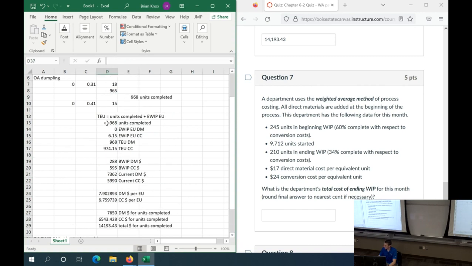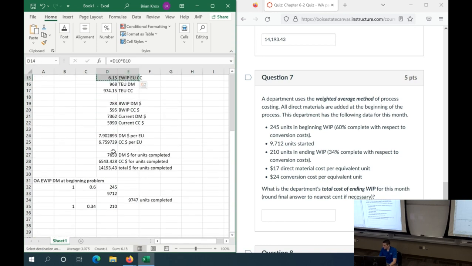What we need instead, I'm going to grab these 2 cells. That's really all I need.